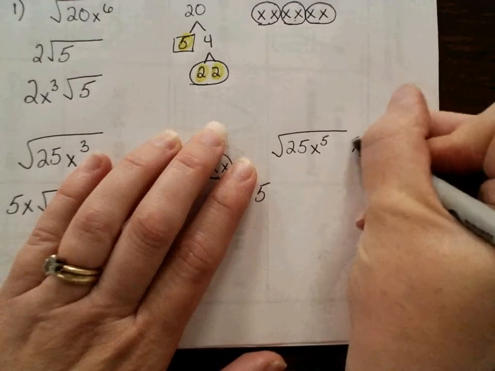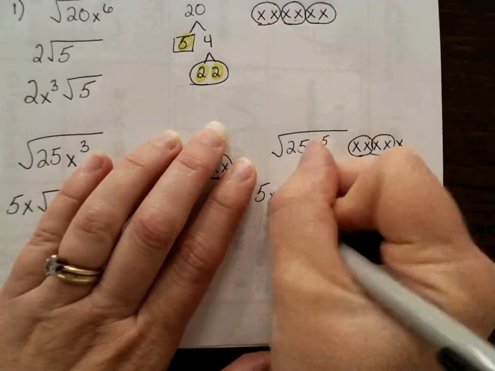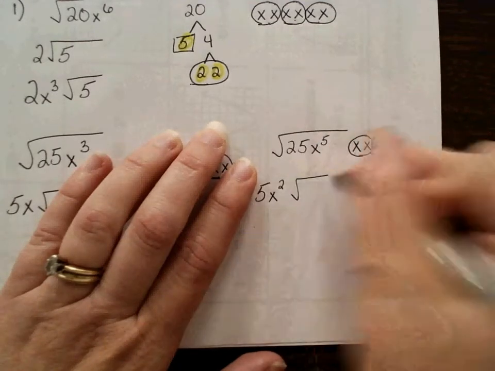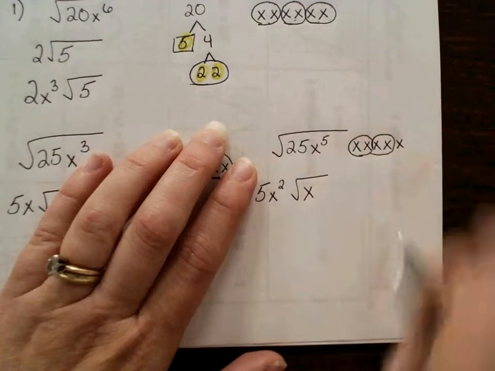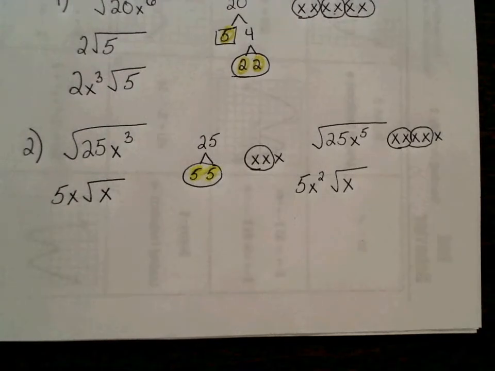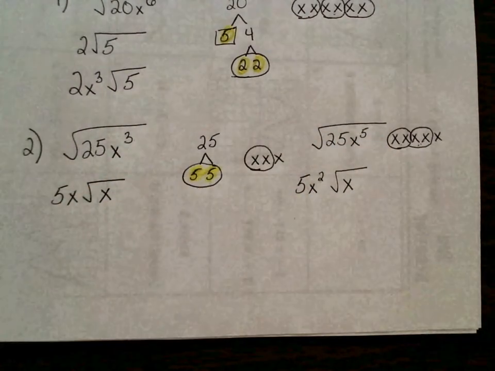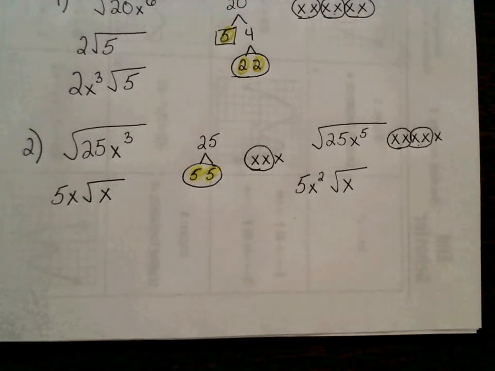I would have 2 groups, right? So this would be x squared outside, and then I'd have 1 left over inside. So you don't actually write a 2 in front of that. Correct. However many groups of your variables you have, that's an exponent.